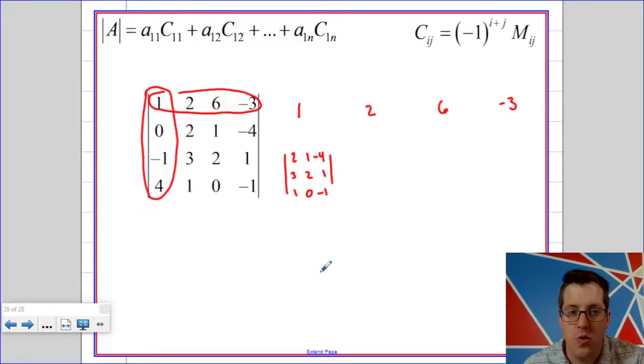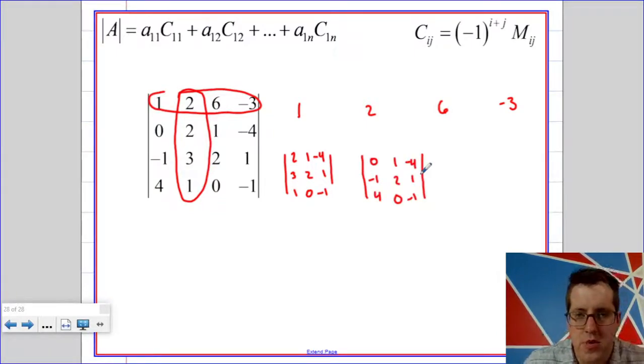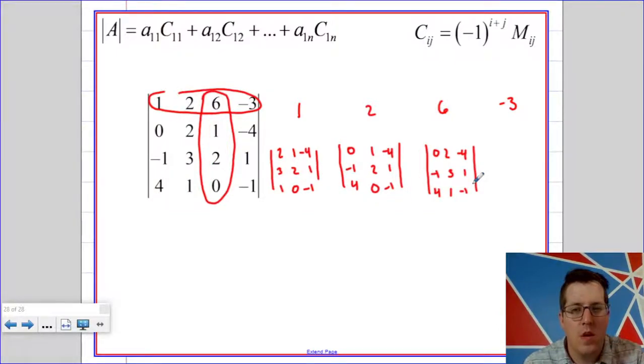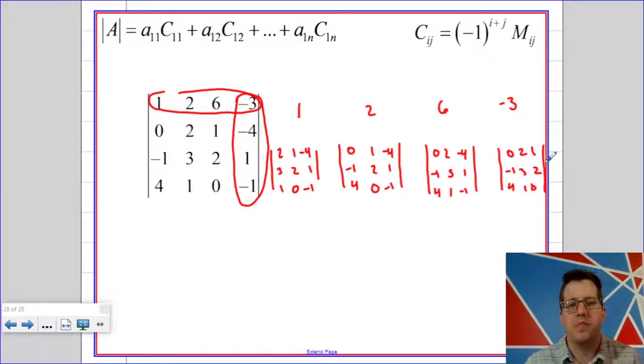In the case of 2, that would be this matrix. So 0, 1, -4, -1, 2, 1, 4, 0, -1. For 6, it would be this one, 0, 2, -4, -1, 3, 1, and 4, 1, -1. And then for -3, it would be this, 0, 2, 1, -1, 3, 2, and 4, 1, 0.